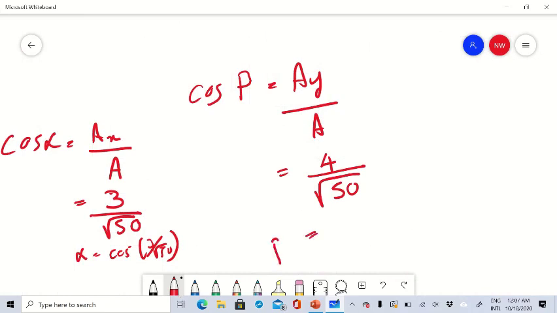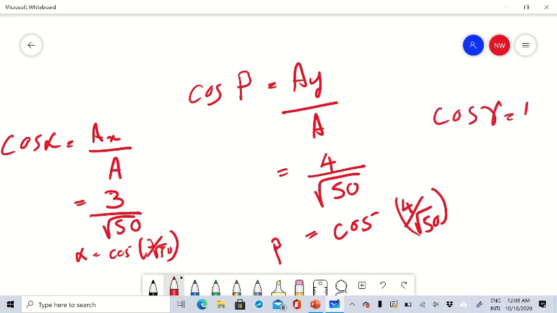So beta is equal to cos inverse 4 over square root of 50. In the same way, you can calculate cos gamma, which is equal to az over a. az is equal to 5, divided by square root of 50, right?